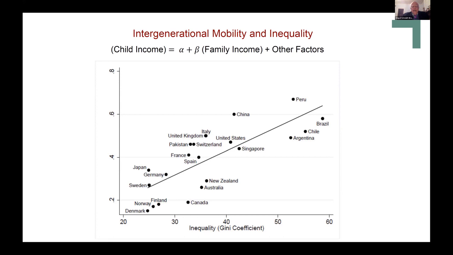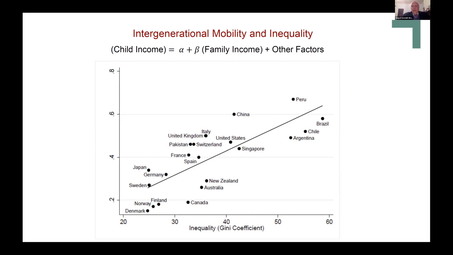And countries like Denmark, Norway, and Finland are countries that have a high level of mobility. Beta is very small, and also inequality is very small. So a real question that arises is what are the reasons behind this? And how can we promote social mobility and at the same time reduce inequality?